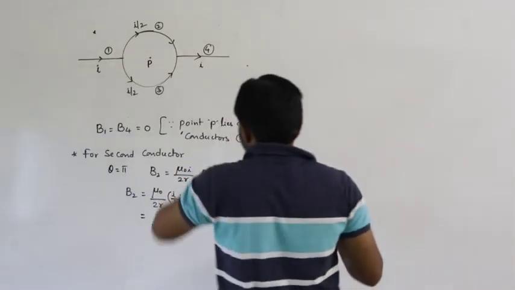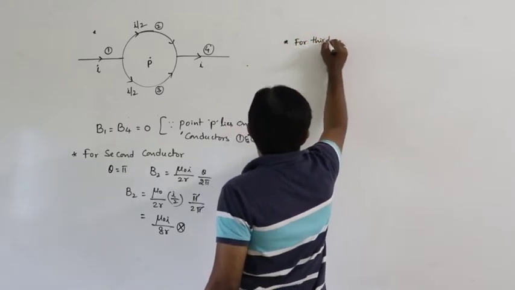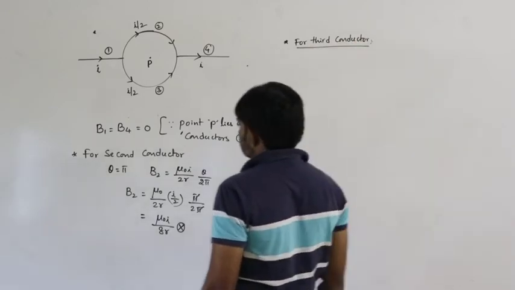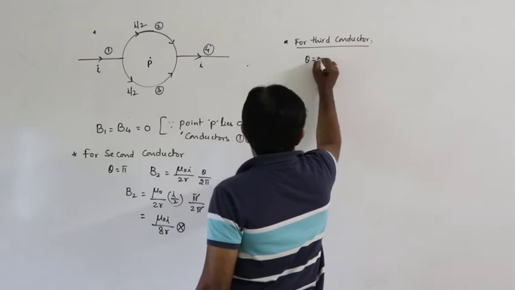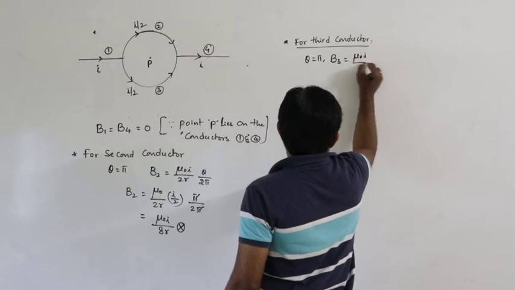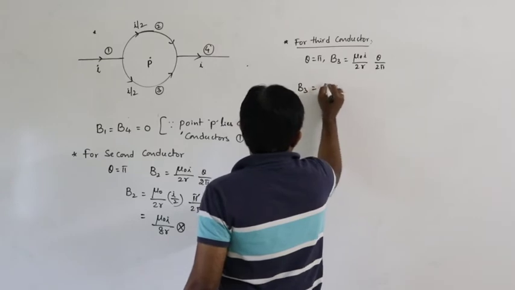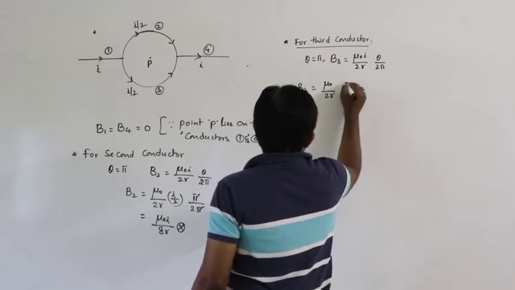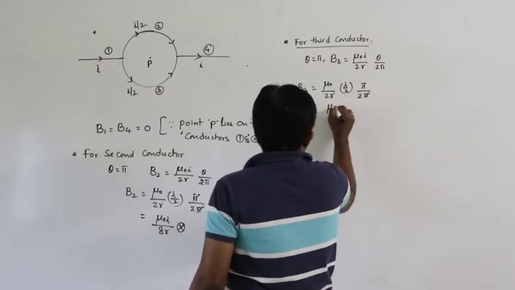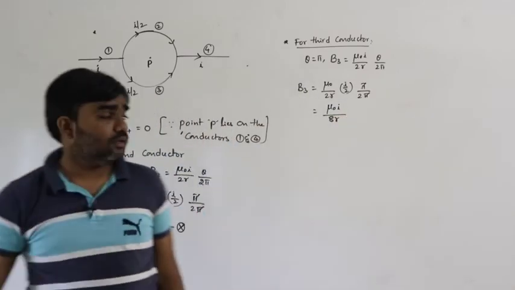Next, for the third conductor, theta is equal to pi only. So B3 is equal to mu naught I by 2r into theta by 2 pi. The current is I by 2, theta is pi by 2 pi, pi cancels. So again it is mu naught I by 8r.